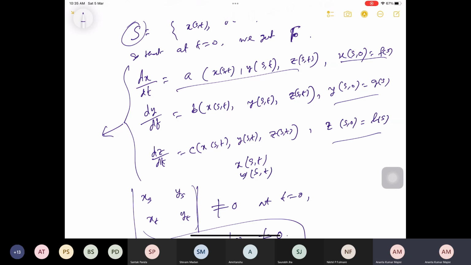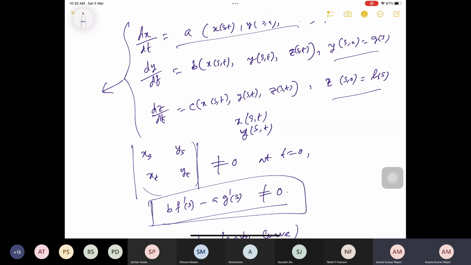So I need to apply the so-called inverse function theorem. Then s can be written as a function of x and y, and t can be written as a function of x and y, because I want it only in x and y.